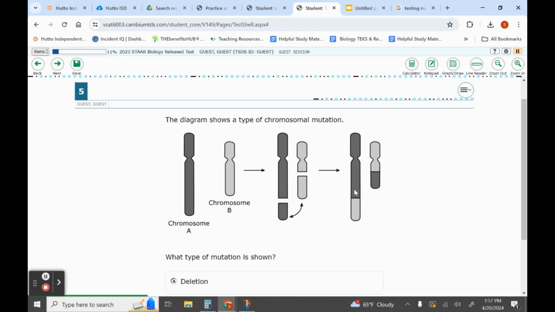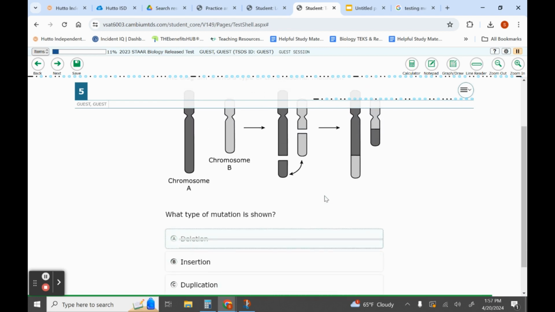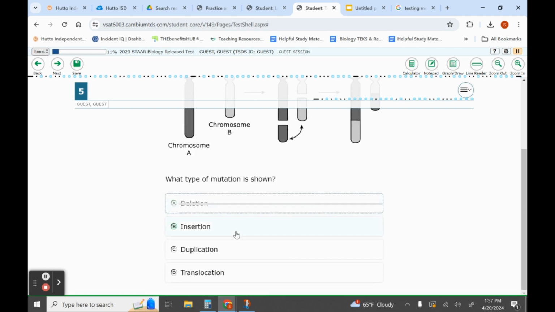If I look at my picture, they're still the same size. This here didn't show anything being deleted. So I'm just going to strike that through because that can't be right. Did we add in an extra piece? They swapped, but we didn't just add in a piece. So I'm going to go here, strike that through.